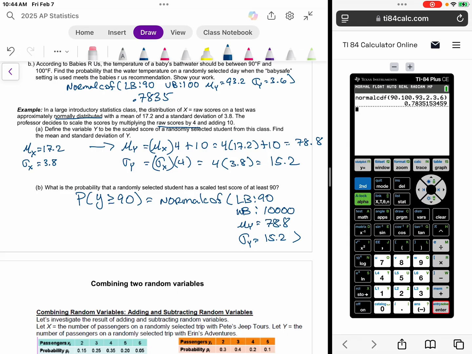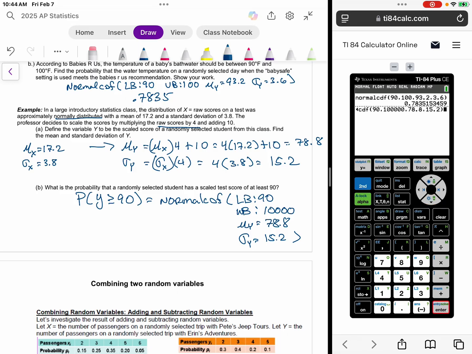And then now I'm ready for the calculator. Second vars, normal CDF. We've got the 90 in there already from the previous one. I'm going to go ahead and put 10,000, whatever it is. Put in 78.8 and 15.2.